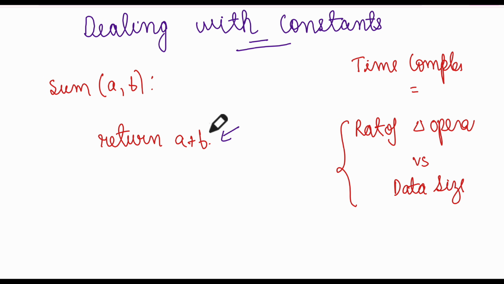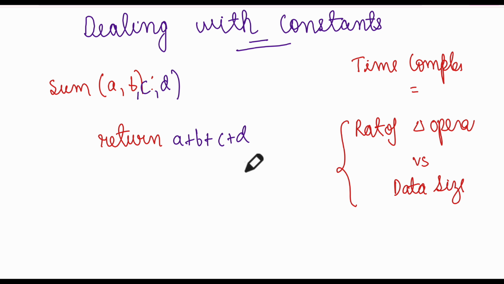Now tell me this thing, what if this particular thing increases? For example, instead of two variables only, I introduce c, d as well. So what will be the return function? Let's say there are 4 variables. So it will look like a plus b plus c plus d.